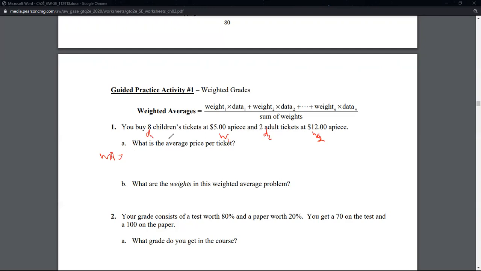So the weighted average, weight times data: for the children, the weight was $5 times the number of tickets, which was 8. Again, this is wrong. Plus weight 2 was the $12 times the number of adult tickets, which is 2. This is the children, this is the adults. Don't mix and match. Divided by the sum of the weights, so in this instance, 5 plus 12.